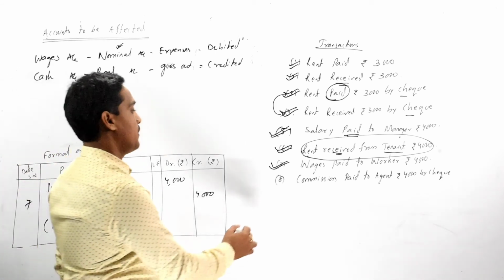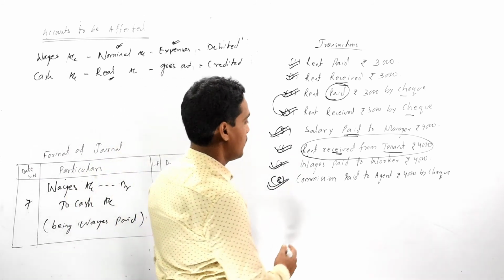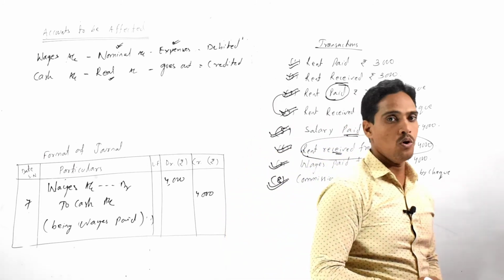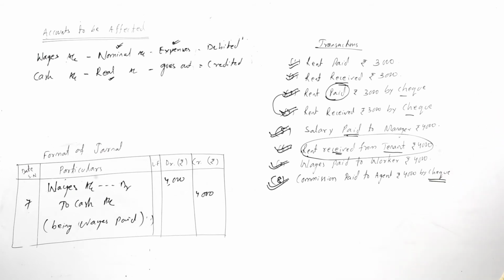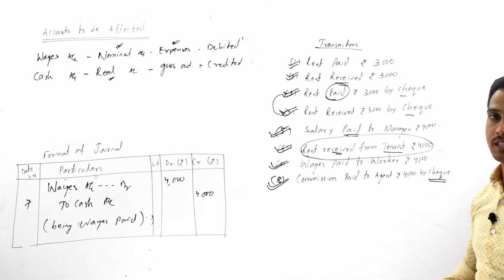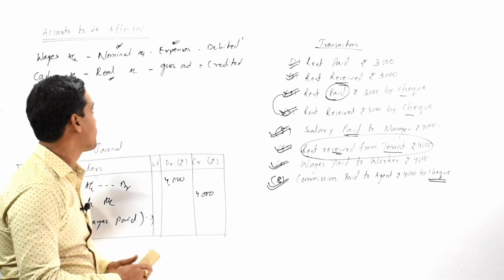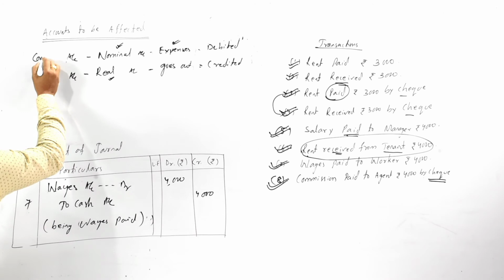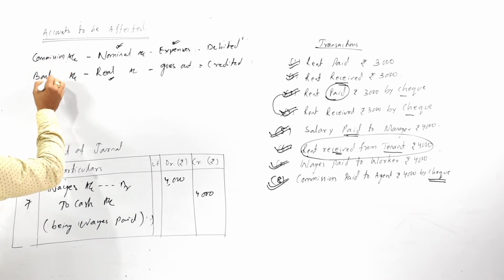Now come to our eighth transaction, that is commission paid to agent rupees 4,000 by check. As we are using the check for payment of commission, in this transaction our commission account and bank account should be affected.